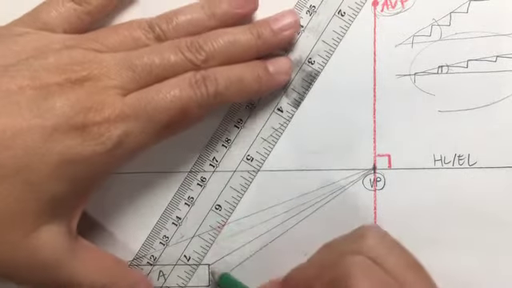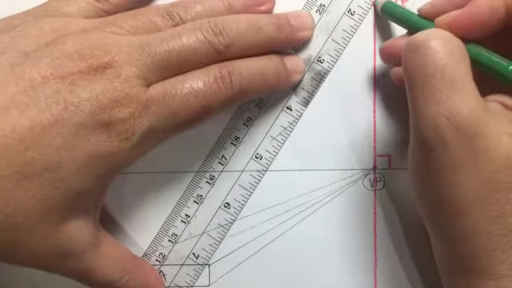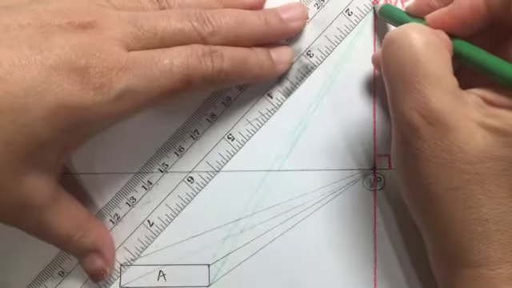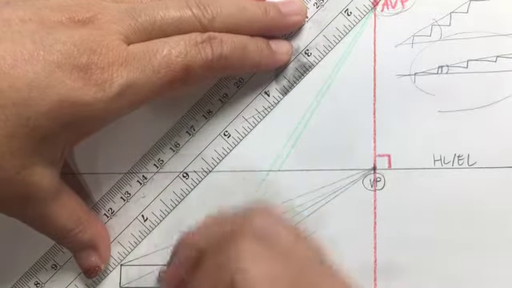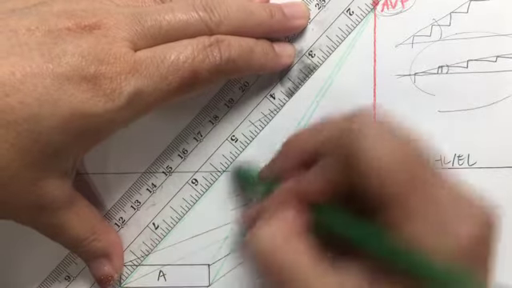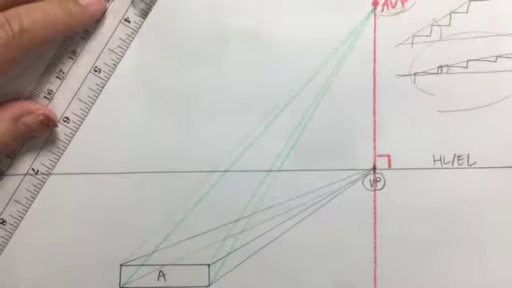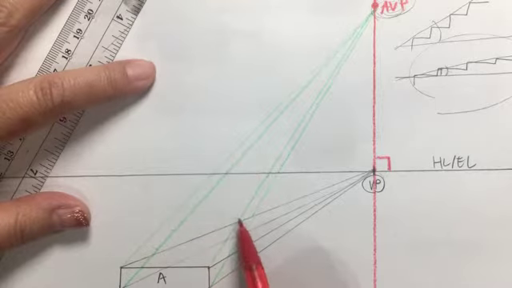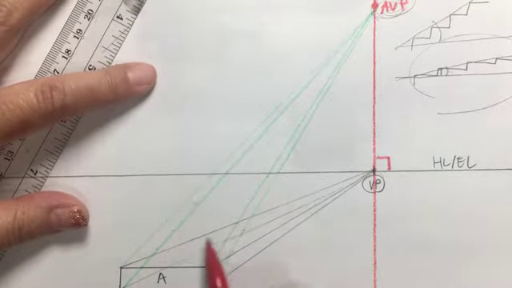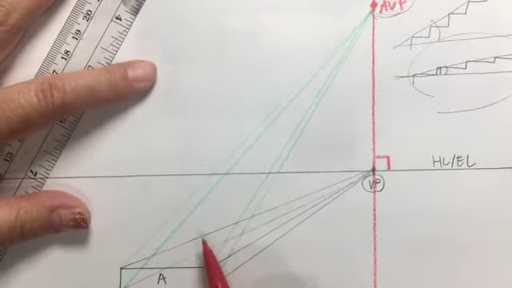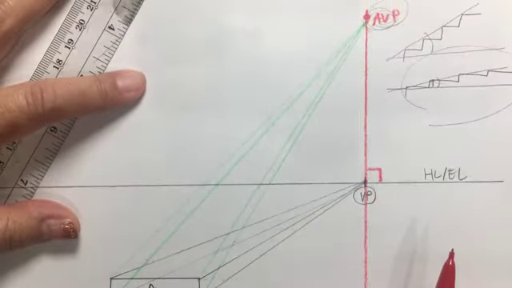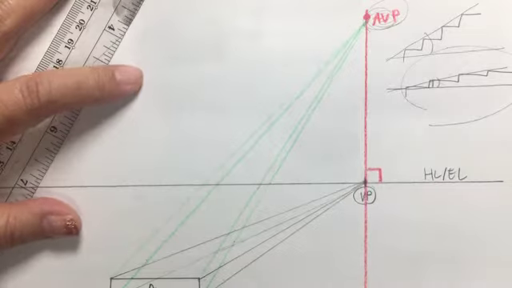Okay, this is the inclined plane, so go like this, go like this, like this, like so. Now I have 1, 2 sets, 3, 4 sets. So 1, 2, 3, 4 sets of guidelines going to both VP and AVP.